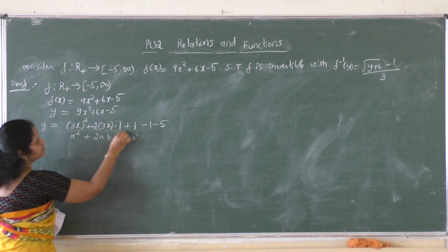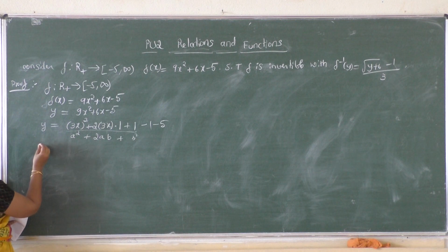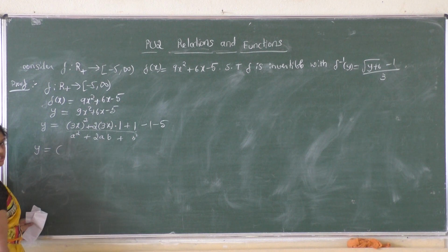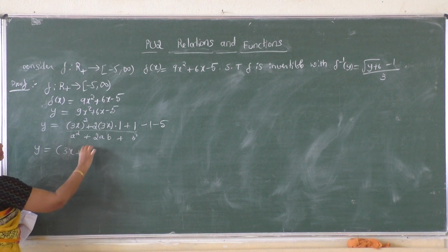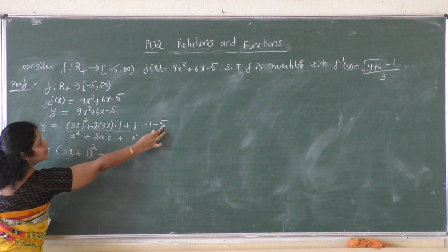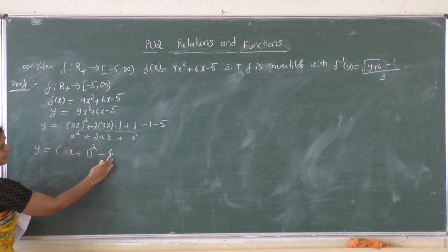So the first three terms are a perfect square, that is y equal to a plus b whole square, that is 3x plus 1 whole square minus 5 minus 1, which is equal to minus 6.